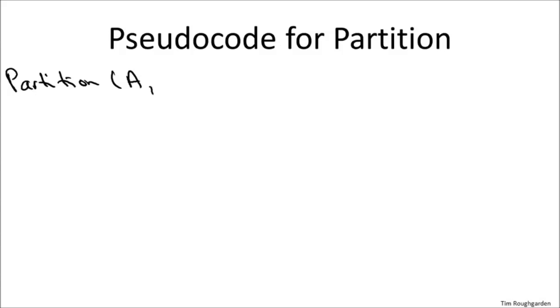The reason I'm writing it this way is because partition is going to be called recursively from within the quicksort algorithm. So at any point in quicksort, we're going to be recursing on some contiguous subset of the original input array. L and R are meant to denote the left boundary and the right boundary of that subarray.